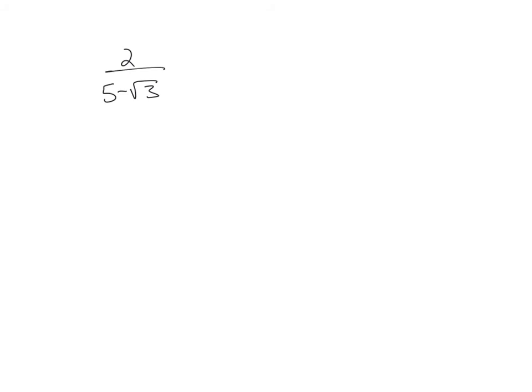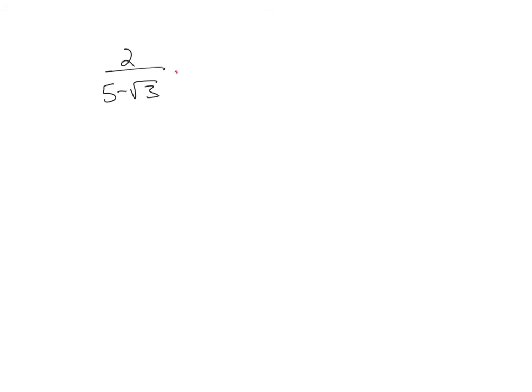We do not just do square root of 3 on the top and the bottom. Can't do it, because that minus sign, or a plus sign, kind of attaches things together. There is a plus or a minus sign in the middle. That means we got to do something different.